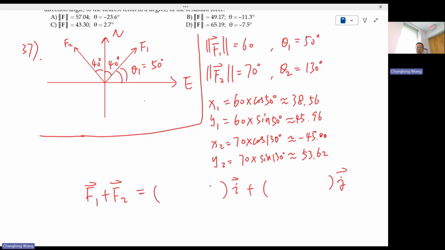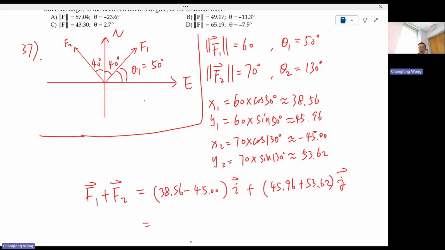How do you get the number in front of I? Add up the x's, right? So it'll be 38.56 plus, actually minus because it's a negative 45, so minus 45. Now the y's add up, right? 45.96 plus 53.62.